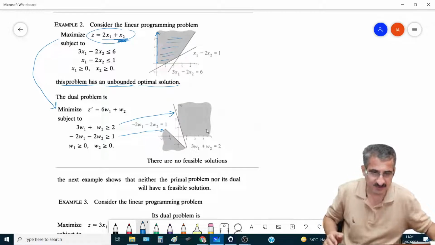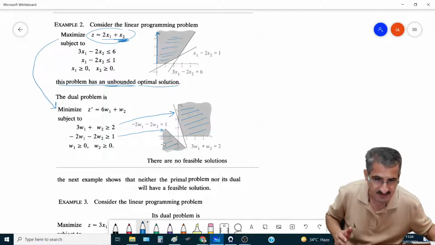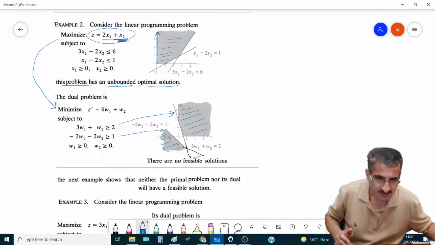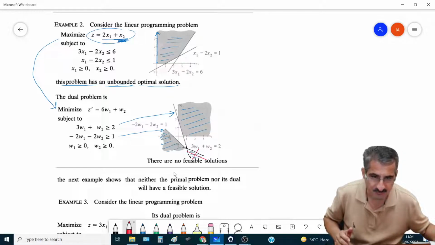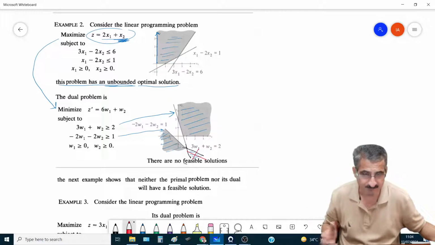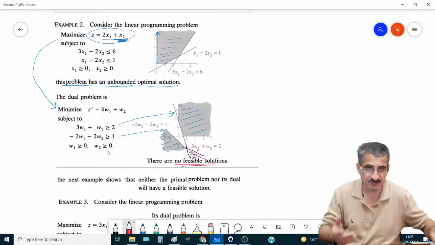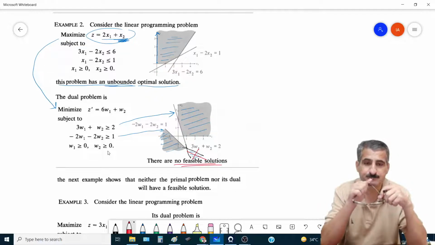And this is the closed half space of this line, and this is the closed half space. If they intersect, they will intersect somewhere here. So the area here is not an area of feasible solutions because W2 has negative values. So there is no feasible solution.